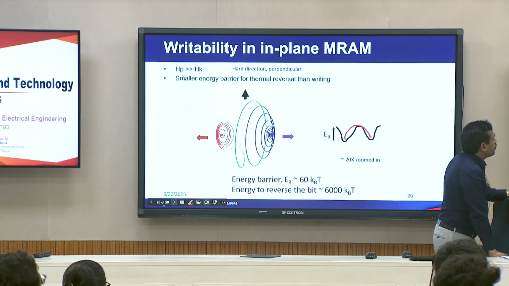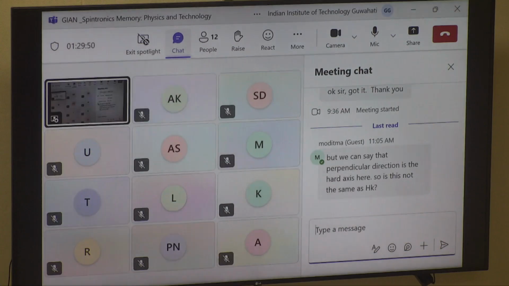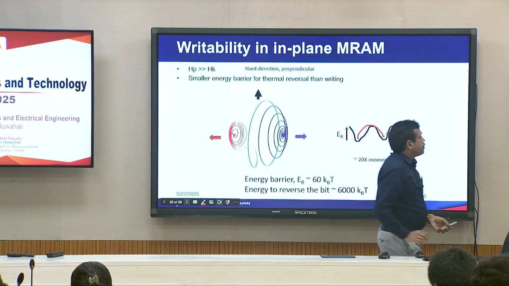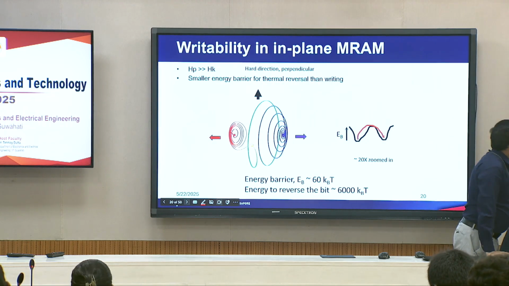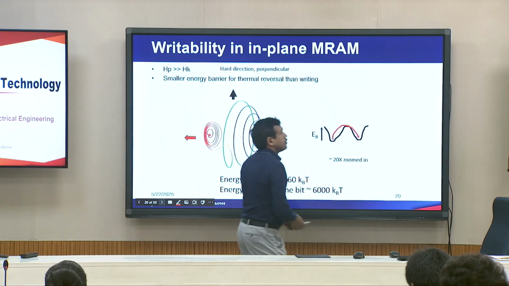But we can say that the perpendicular direction is the hard axis. Yes, the perpendicular direction is the hard direction. In this case it is the shape anisotropy that makes the magnetization in plane. This is not the same as HK. We do not use the word HK here.